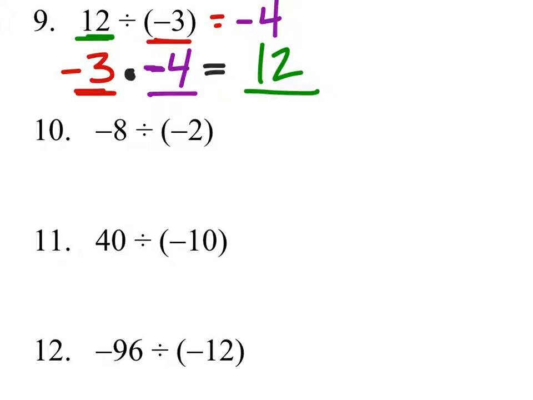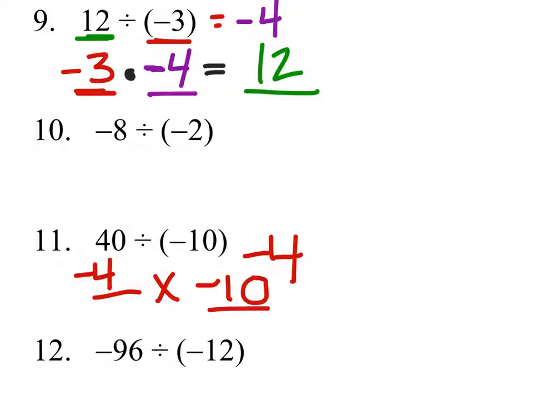Okay. So the answer would be 4 for that, and then for the fact family, it'd be, no, negative 4, sorry, times negative 10.